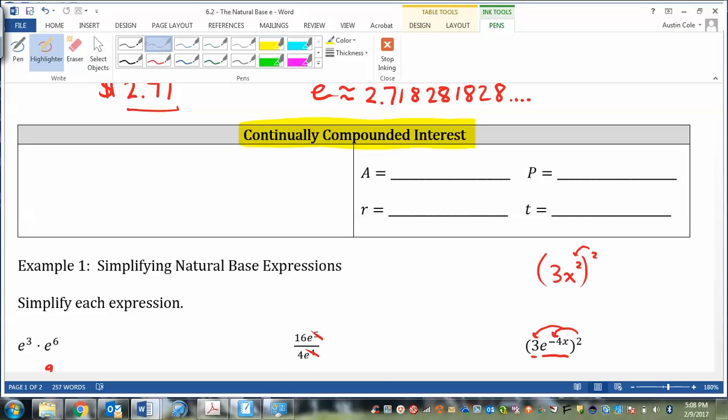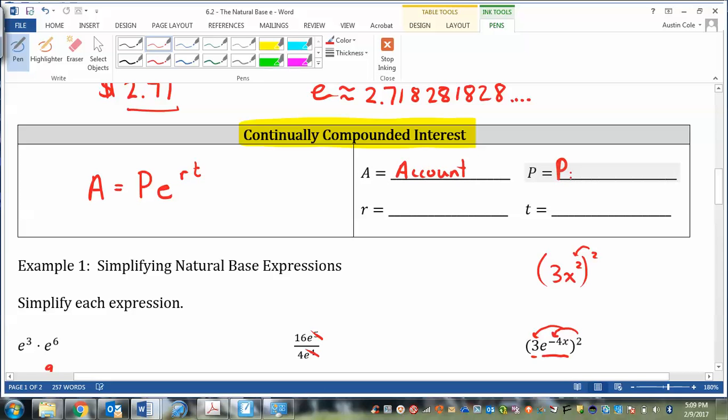And our formula for that is A equals P e to the RT. Okay, where our A stands for our account, or our account balance. P stands for our principal.